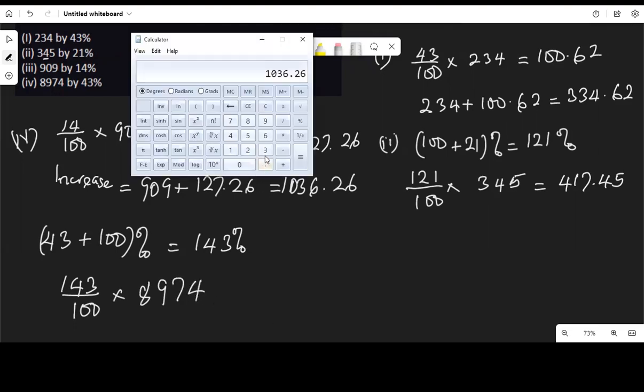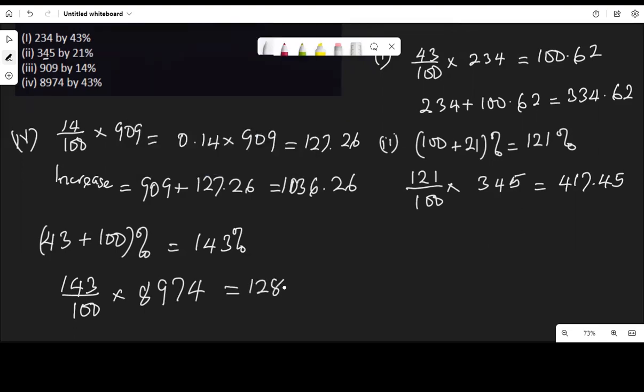From 143 divide 100 and multiply by 8,974 equal to 12,832.82. So that is how to increase a given quantity by a given percentage.